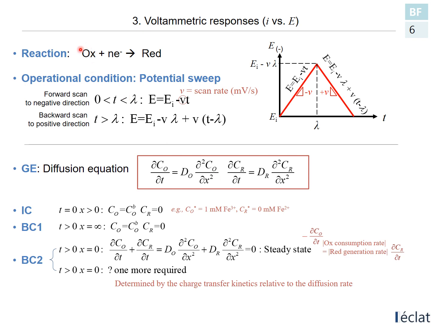One mole of oxidized species consumed means one mole of reduced species is generated. So minus dC/dt for oxidized species is equal to plus dC/dt for reduced species. It means the summation of dC/dt should be 0. So dC/dt for ox plus dC/dt for reduced should be 0.